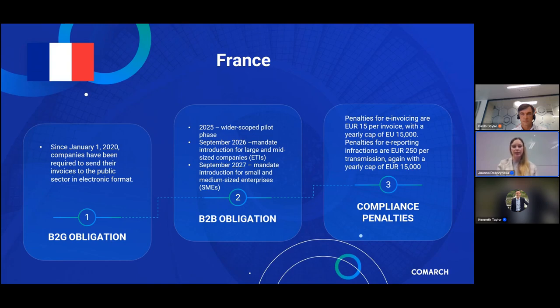In France, there is going to be a very specific model, because if the taxpayer connects directly to the governmental platform PPF, then this form of invoice exchange can be referred to as a centralized CTC model that I have already mentioned. However, if invoices are going to be exchanged through a certified supplier, PDP, it will be the decentralized CTC model. In terms of non-compliance with invoicing regulations, they can result in penalties starting from €15 per invoice with a yearly cap of €15,000, as well as penalties for e-reporting infractions.